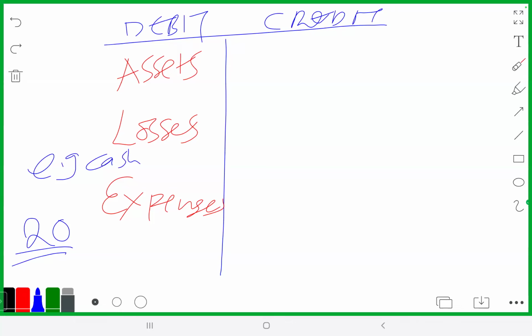Now overcast, not undercast, all right? If it's overcast, let's say by 200, you will have to credit the cash account, right? You have to credit the cash account.